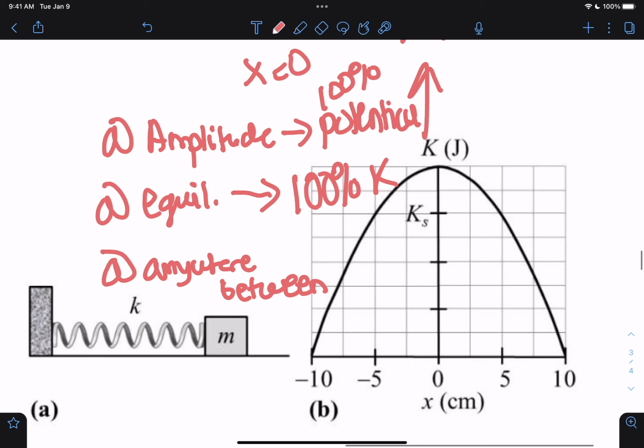Now, anywhere in between, what would it be? So a mix of both.